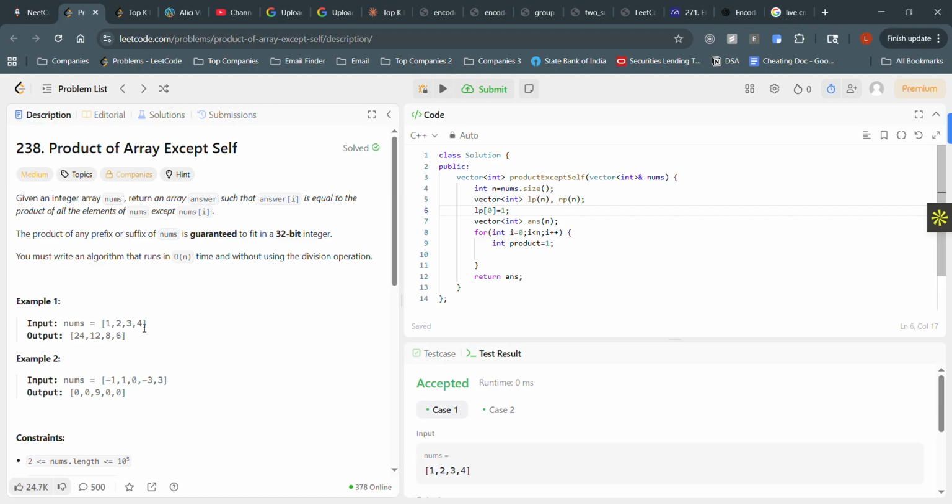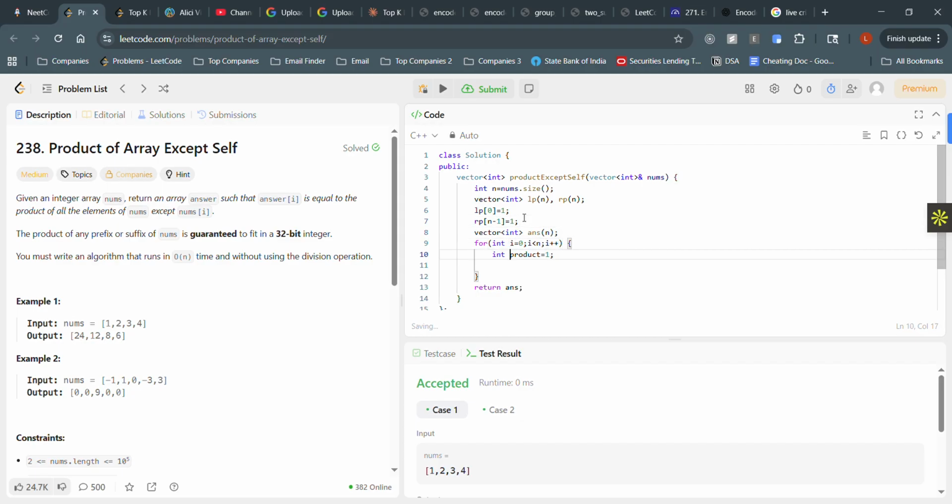It's a similar method, because whenever we want to find the product of an array, we declare that product variable and initialize it to 1, and for a sum we do it with 0, a general rule. Similarly for the right product, the last index should also be 1.